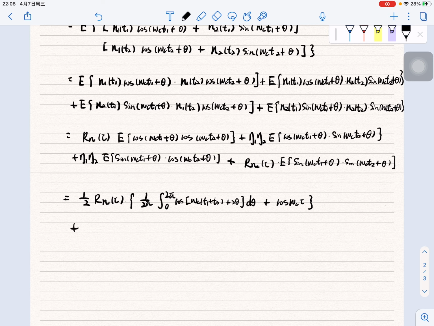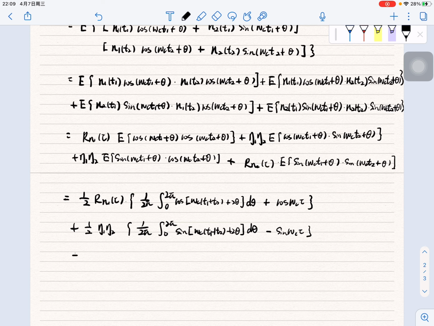The second term, 1/2 eta1 eta2, 1 over 2 pi, the same integration, of sine omega c (t1 plus t2) plus 2 theta, minus sine omega c tau.